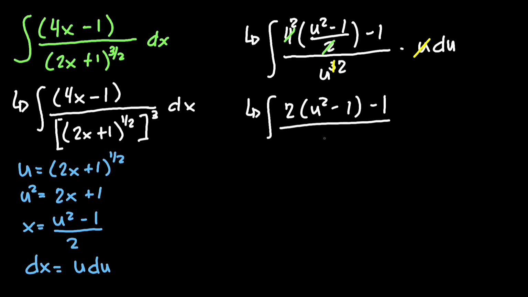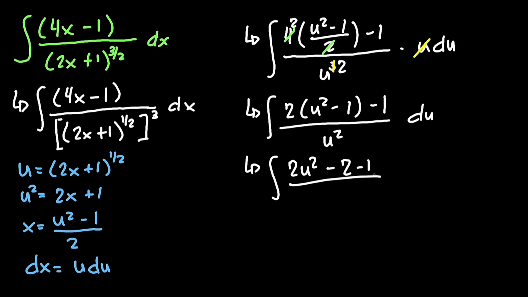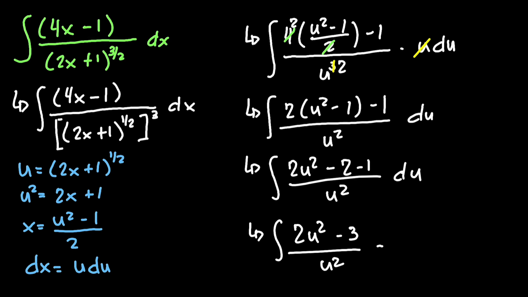Simplifying this, it would become the integral of 2u squared minus 2 minus 1 over u squared du. So this would become the integral of 2u squared minus 3 over u squared du.